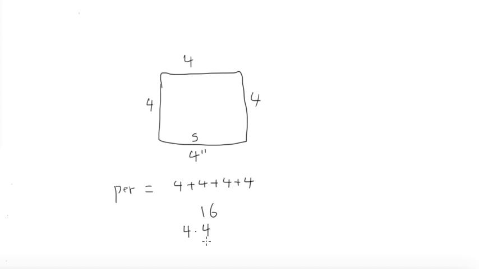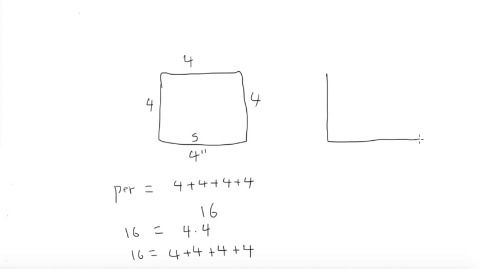And that, therefore, can be rewritten as this: 16 equals 4 times 4, or 16 equals 4 plus 4 plus 4 plus 4. So what does this 4 represent? It represents the s.